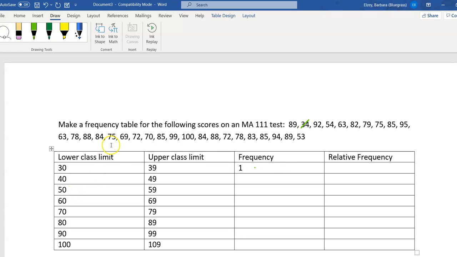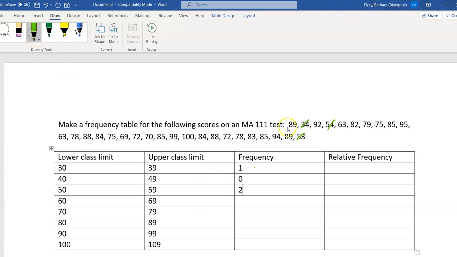All right, I don't think we have any 40s. No, does not seem to be. So that's 0. 50s, though, we have a few 50s. So let's see, we have 1, 2 that are in the 50s. So I'll put a 2 right there.